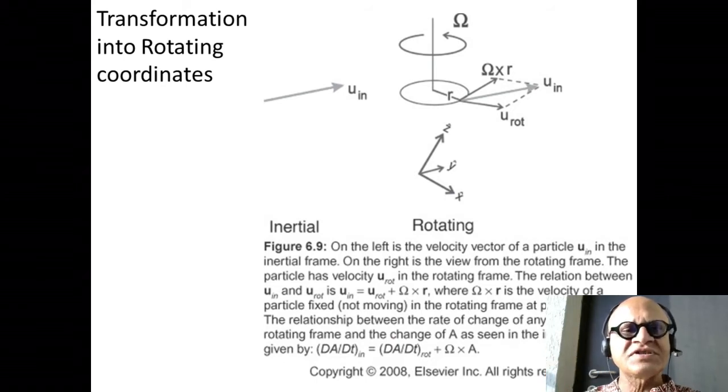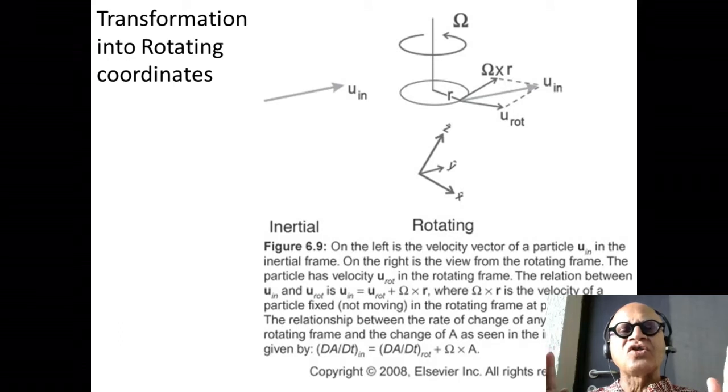So let's first look at the rotating coordinates themselves. How does a parcel that's not anymore balancing forces in a non-rotating framework change when we do things with rotation? What is the most important thing?